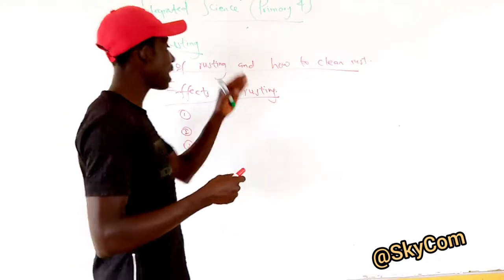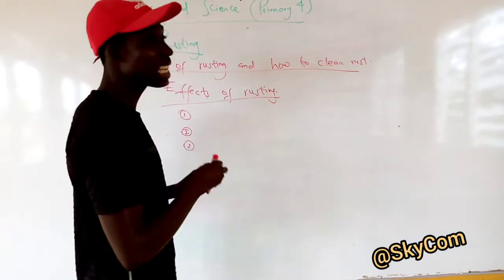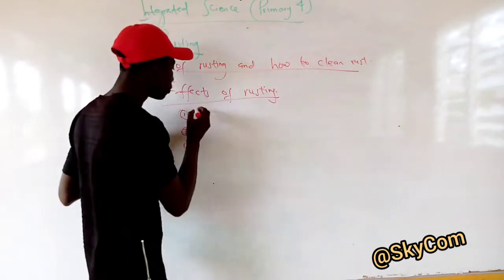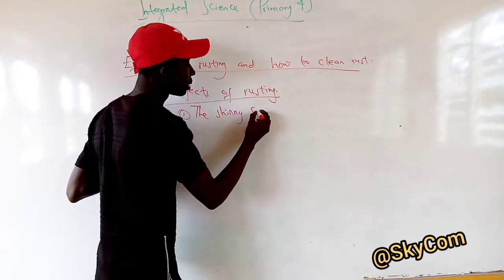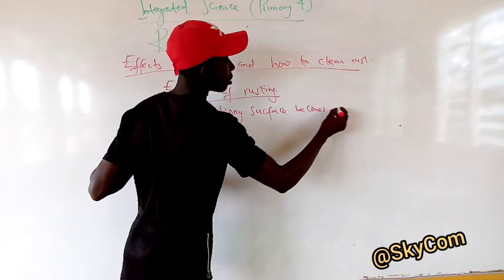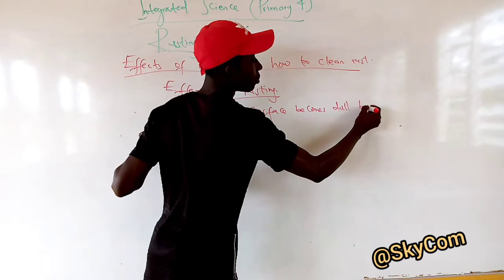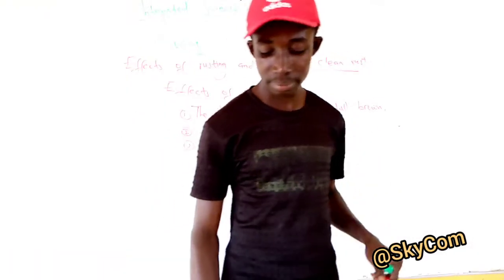But as soon as an iron or a metal gets rusted, that shiny surface is lost. So you say the shiny surface becomes dull brown. Is that okay?